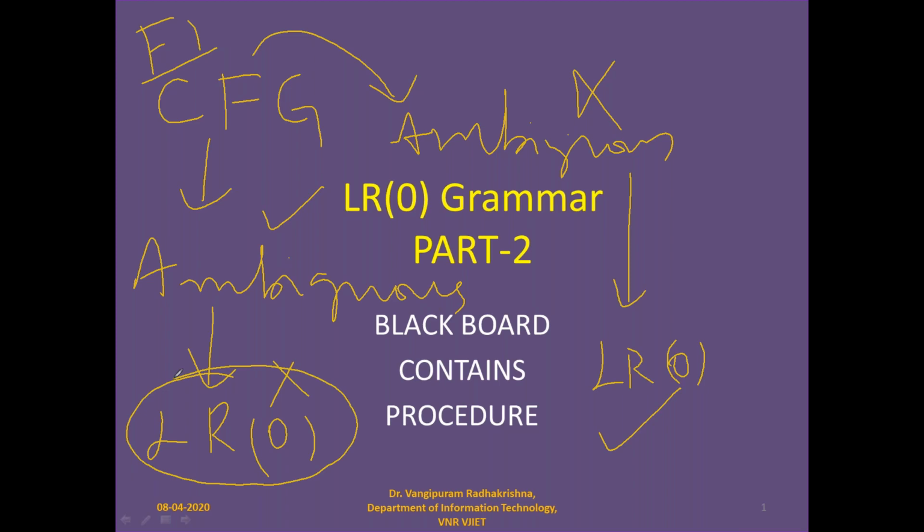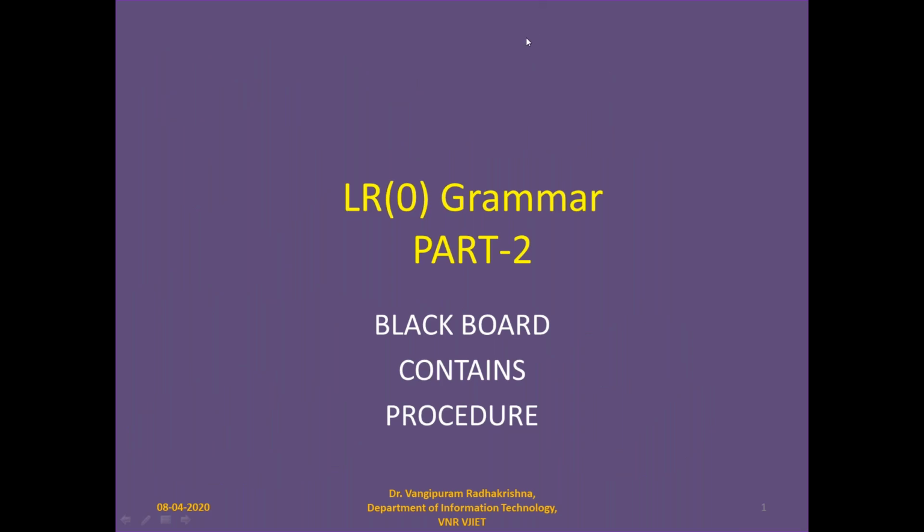Alternately, if we are not able to prove that the given grammar is ambiguous, or the given grammar is not ambiguous, then this deduction does not help us to say that the given grammar is LR0. So remember that using football 1, we can only prove that a given language is not LR0, but we cannot prove that the given language is LR0.